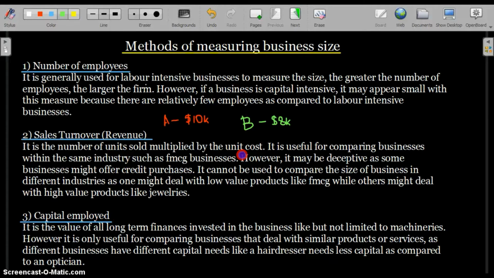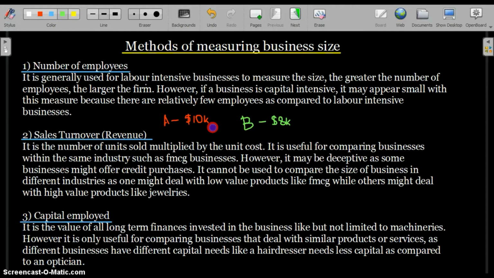Now why is that? Because if you're comparing, let's say, business A is a jeweler and business B is an FMCG business, you can't compare both of these businesses, because for a jeweler one unit item might be somewhere around $3,000, and in the other, one item might be just $1. So business B has sold a larger number of units and hence got $8,000, which is very good for an FMCG business.